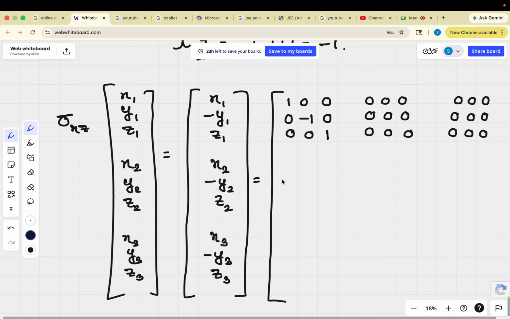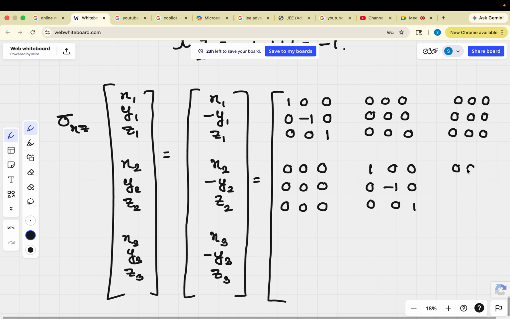Now x2 y2 z2, so here you have no x1, so write down only this. So x2 means what? 1 0 0. y2 means what? 0 minus 1 0. z2 means what? 0 0 1.